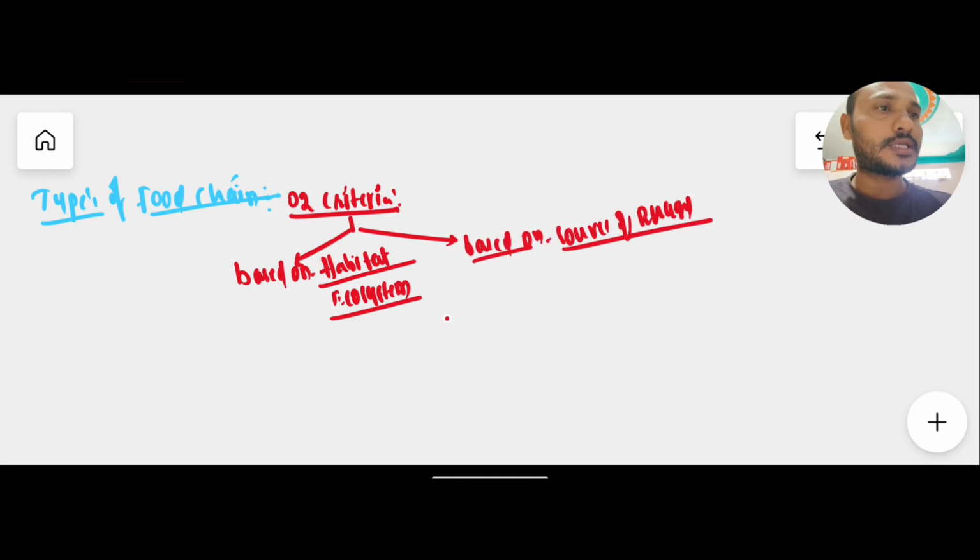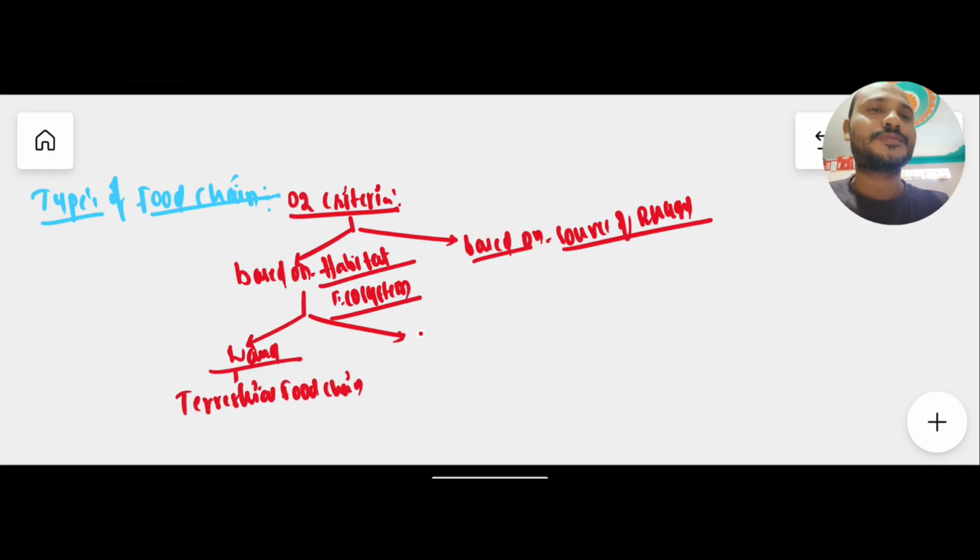Based on habitat or ecosystem, food chains are classified into two categories. If the food chain is present on land, it is called a terrestrial food chain or terrestrial ecosystem. If the food chain is present in water, then it is called an aquatic food chain.